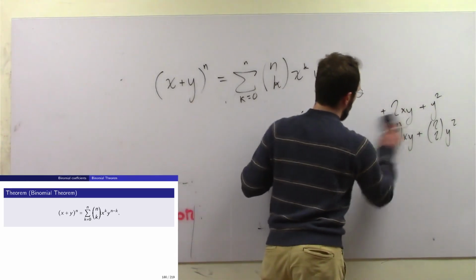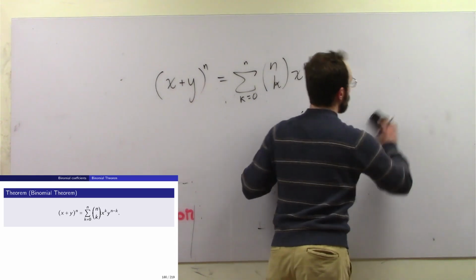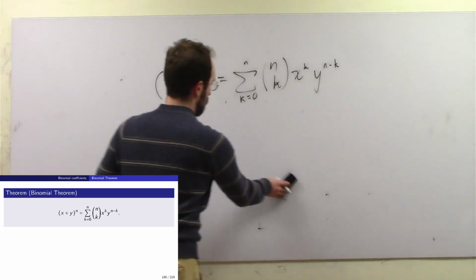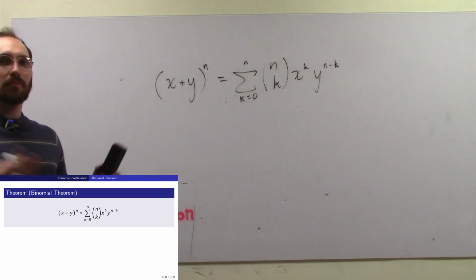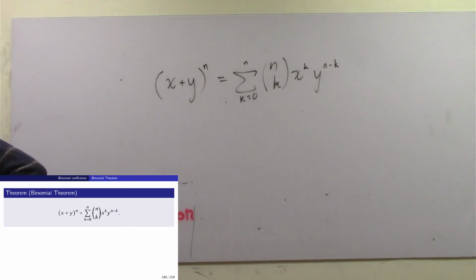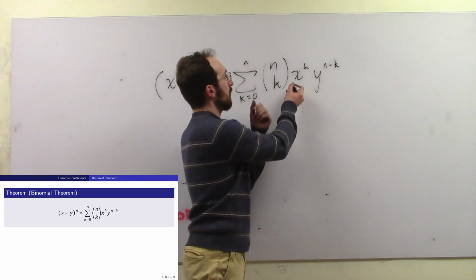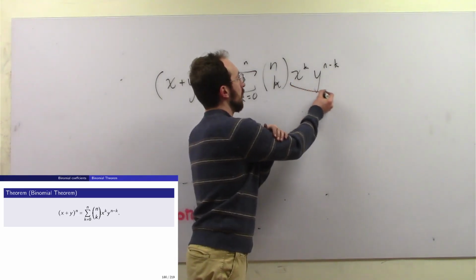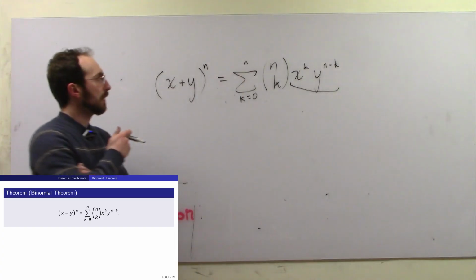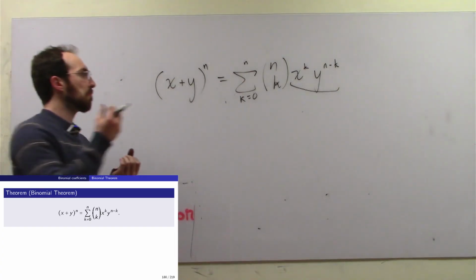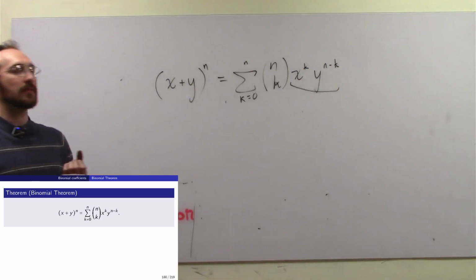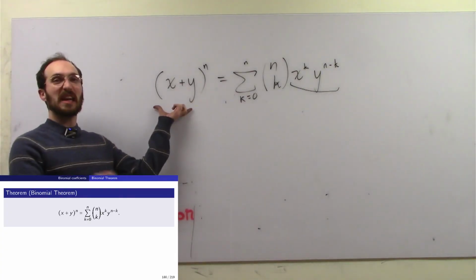Okay, so we're going to do a double count, of course. What we're going to figure out is, how many ways are there to choose k x's and n minus k y's when expanding this thing out?